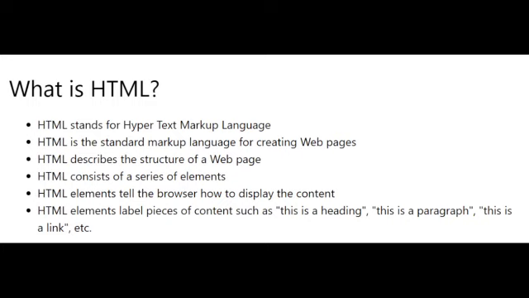So we're going to use these elements to communicate with the browser to display the content that will be displayed on our web browser. HTML elements label pieces of content such as a heading and paragraph. These are just tags. We're going to learn about tags and elements as we proceed.